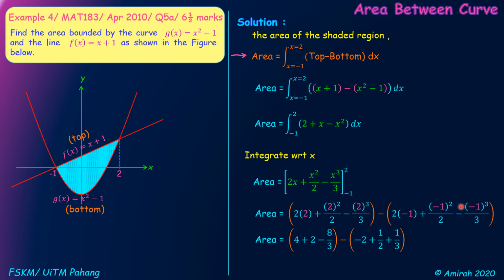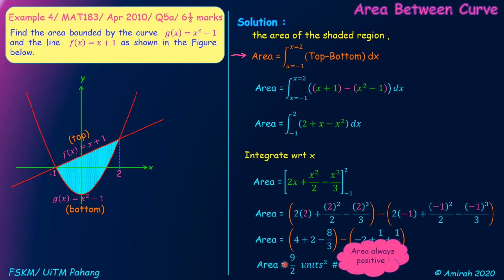Negative to the power of even equals positive. That's why we get positive here and positive here. And then, after we simplify, we get area equals 9 over 2. And then we must write units squared for area.